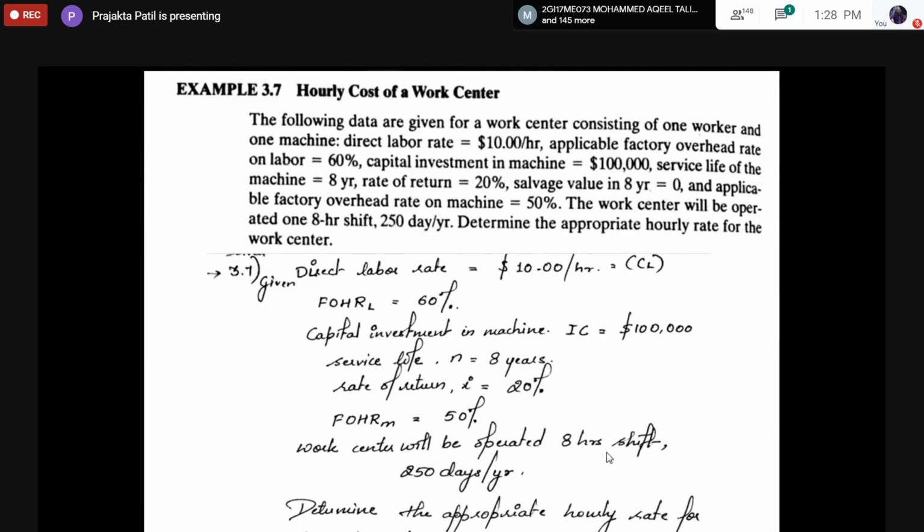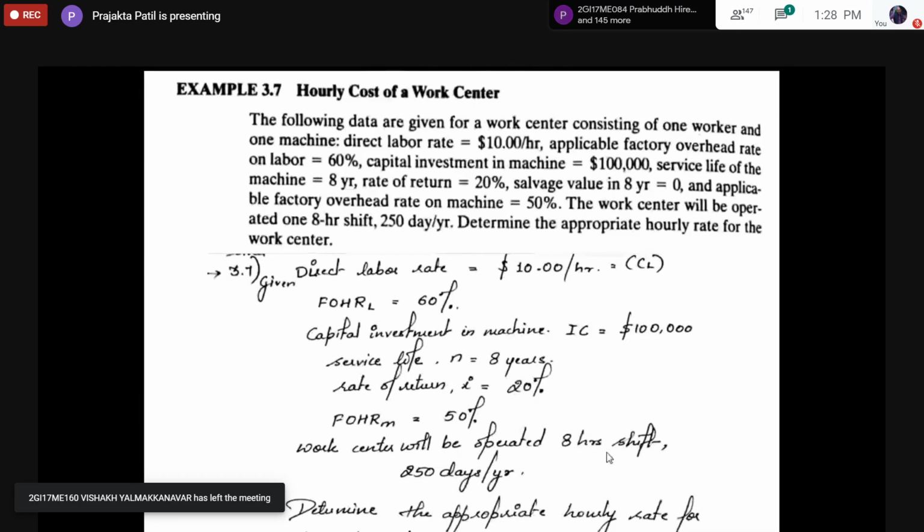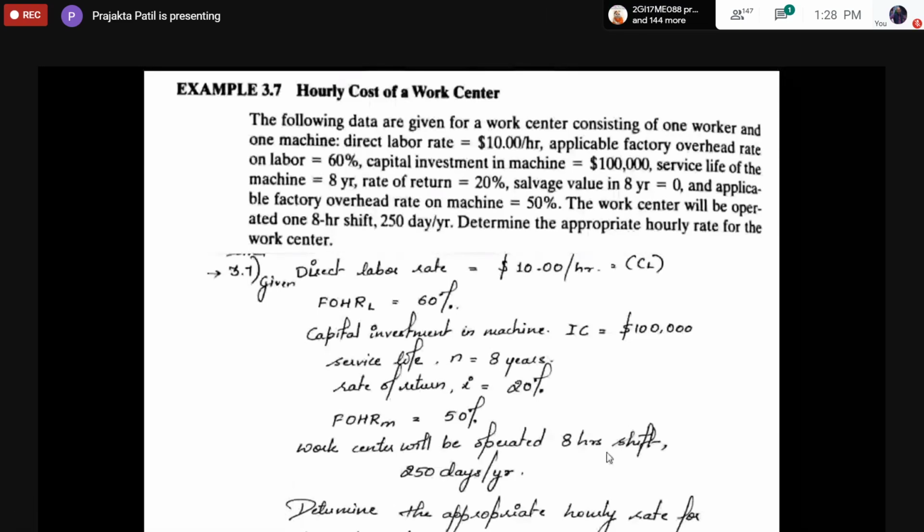I hope all of you have noted down the given data. So now let us proceed and find out the appropriate hourly rate for the work center.